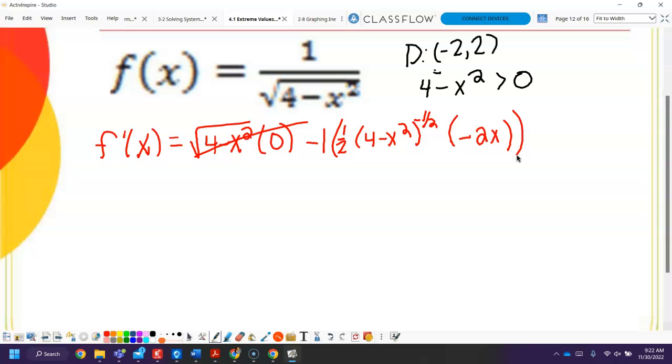So chain rule says 1/2, keep the inside, take 1 away, times the derivative of the inside, which is negative 2x, all over the denominator squared. So that's 4 minus x squared, because the square root and the square cancel.